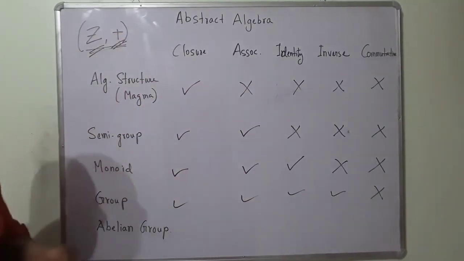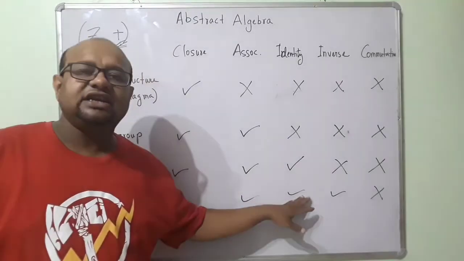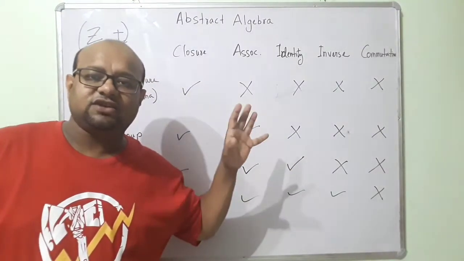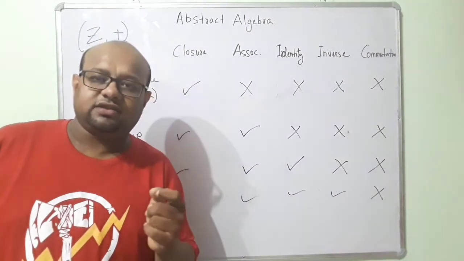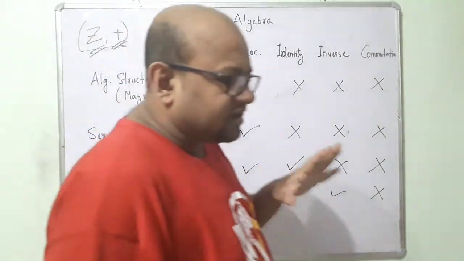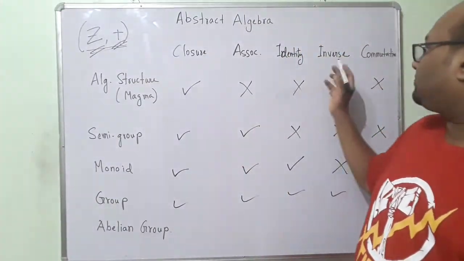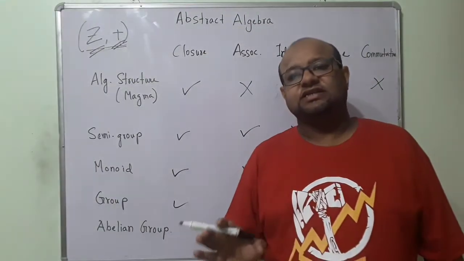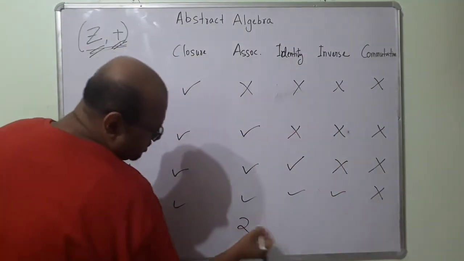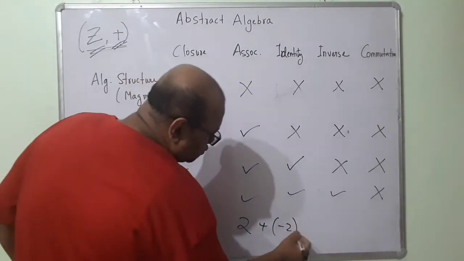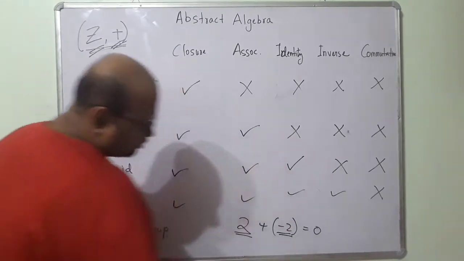I know it is closed, I know it is associative, I know identity element exists, 0 exists in this set of integers. For every element in Z, does the additive inverse of that element exist in the set? Okay. For 2, for example, 2 plus minus 2 is equal to 0. So for 2, the additive inverse is minus 2.